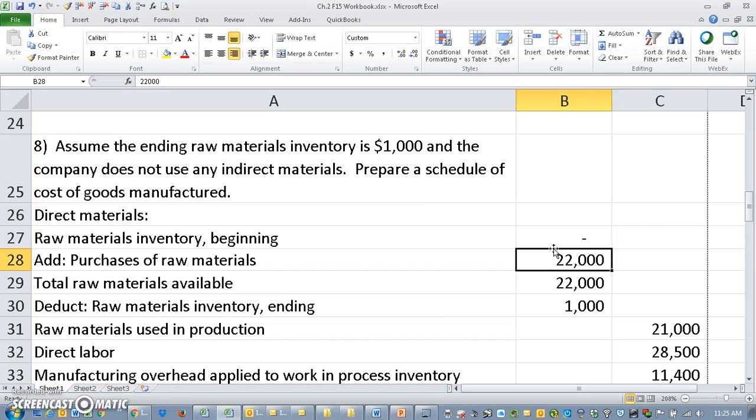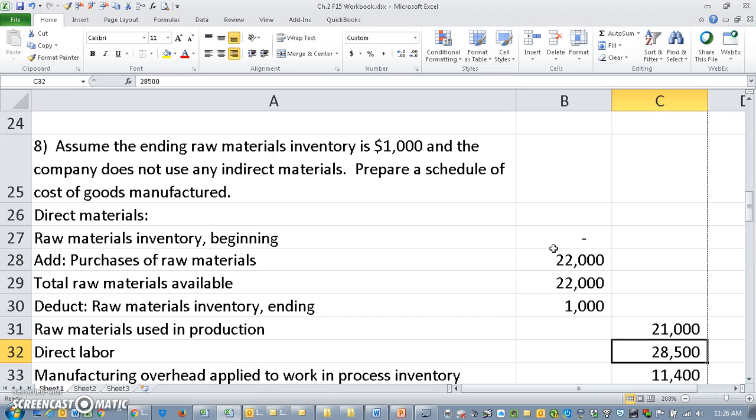We bought $22,000 worth of raw materials. Okay, so that means we had $22,000 of raw materials that were available. We are deducting $1,000 because of ending raw material inventory, because that's what was given to us in question 8, that $1,000 is our ending inventory balance. That leaves us with $21,000 of materials that were used in production.